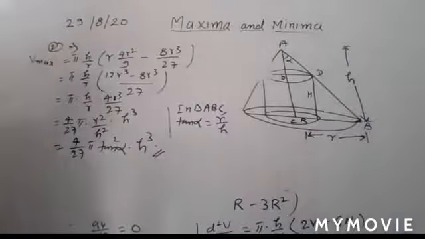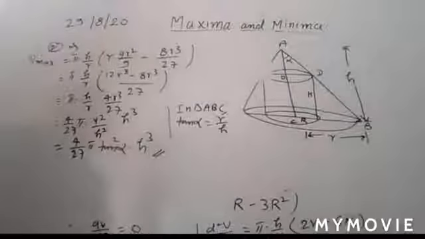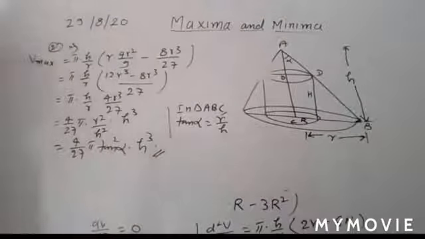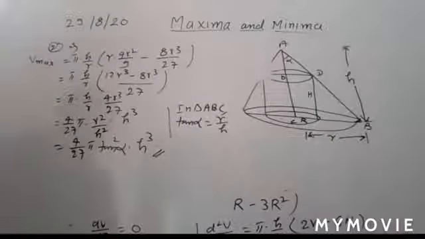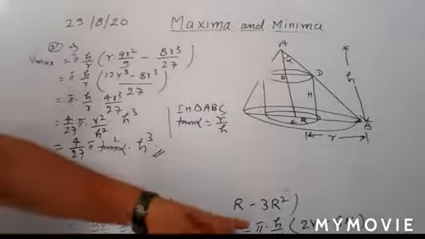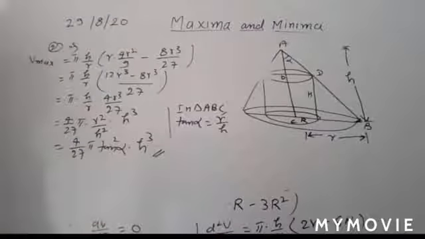And next, you also have to prove that the height of the cylinder is equal to h upon 3. So what you do in that case, you put in the value which you obtained here in the first equation. Putting r is equal to 2r by 3 in the first equation, you get your result.